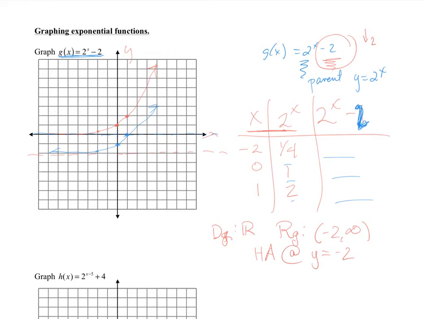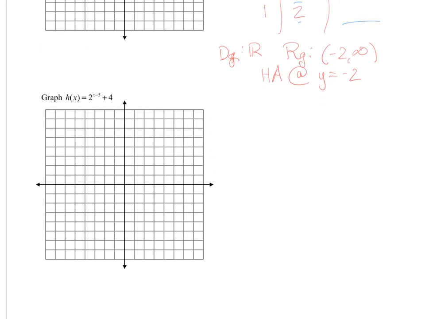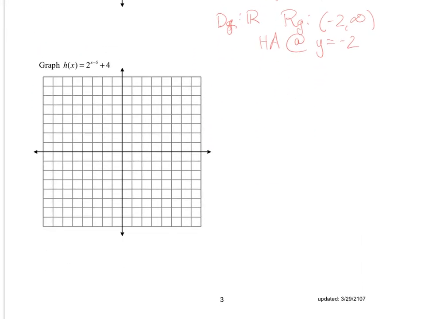Now let's look at the next example. Can we identify the transformations that have been made? Well, in this case, we see that there are 2 transformations. We have this -5 and we have this +4. Now, do you recall what those transformations represent? Maybe thinking back to other types of functions and how we recognize those transformations.